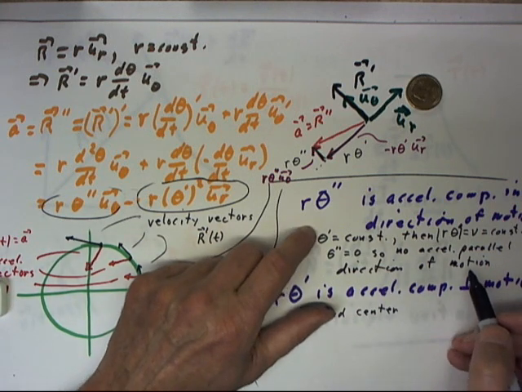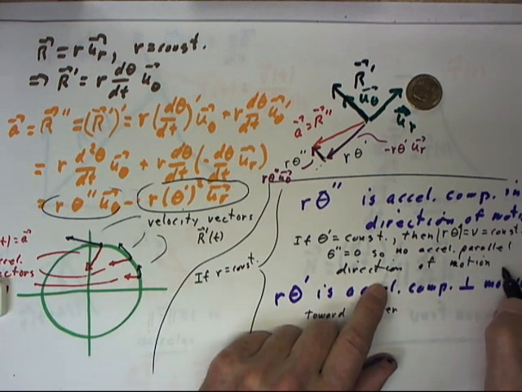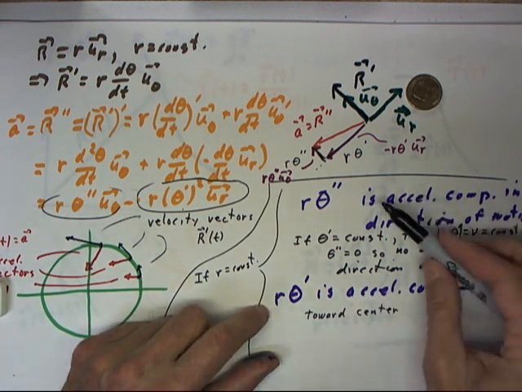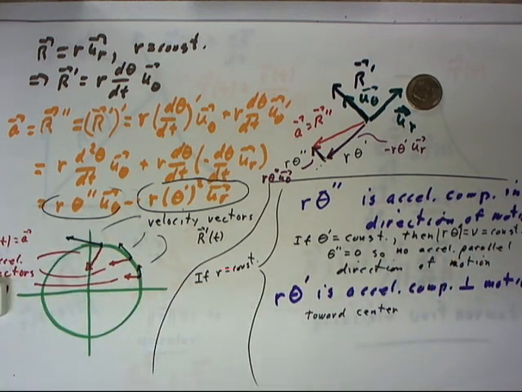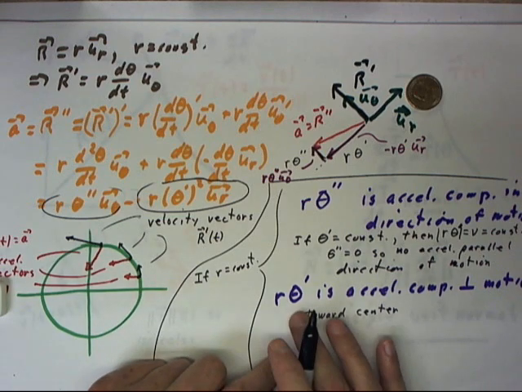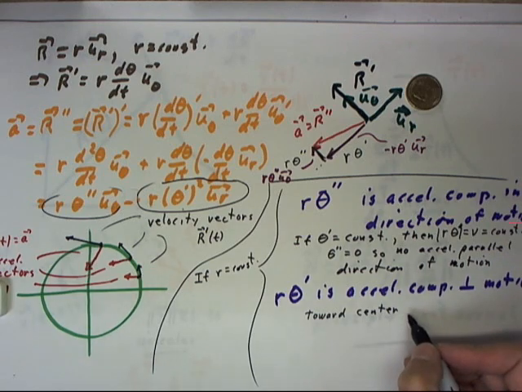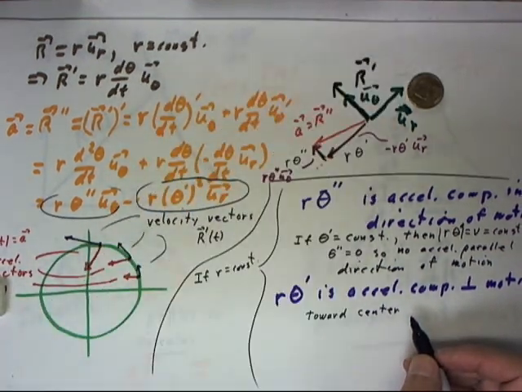And if theta prime isn't constant, then we do have acceleration parallel to the direction of motion. In other words, the particle would be speeding up or slowing down. Now, r theta prime squared is your acceleration component perpendicular to motion, this one. And of course it's toward the center, because it's in the negative direction, in the direction opposite u sub r.